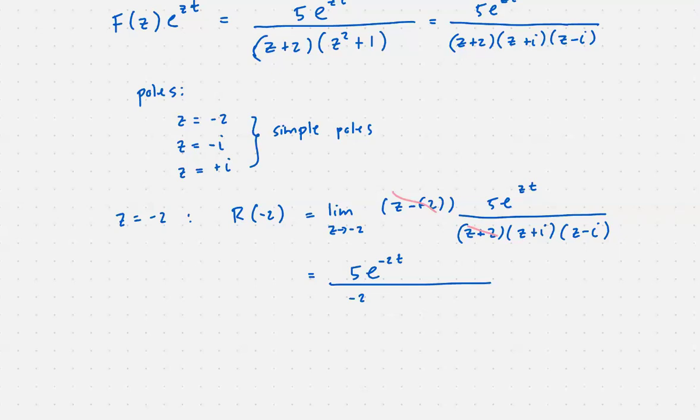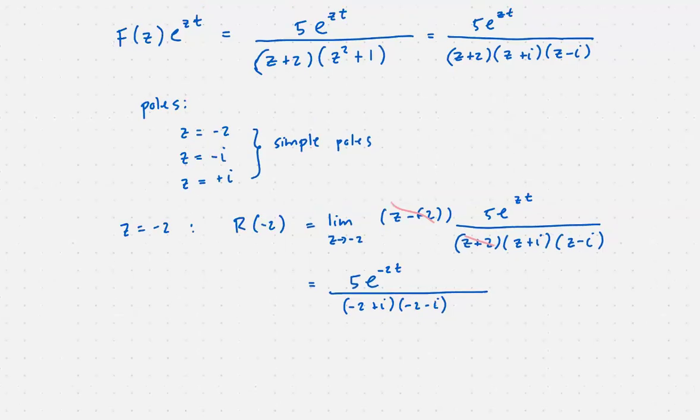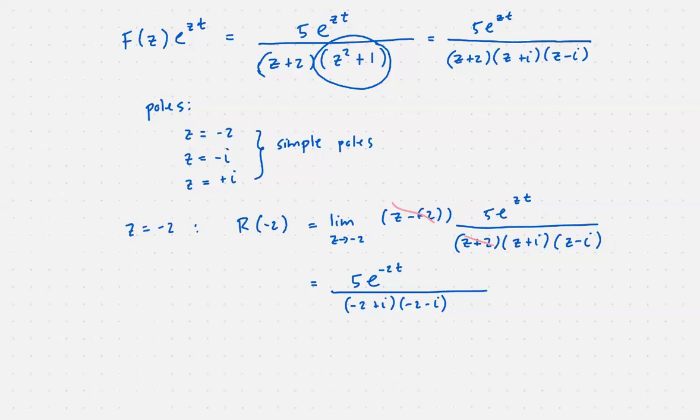Now, since you cancel out z plus 2, this can actually work better if you just use z squared plus 1, right? But that's fine because you know that this is still a sum and difference of two terms.